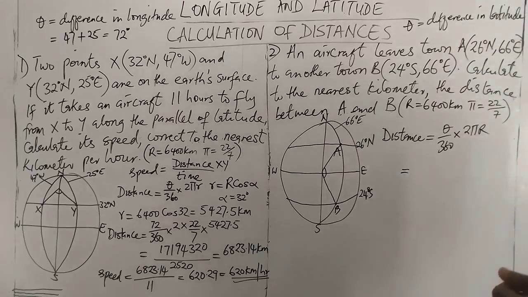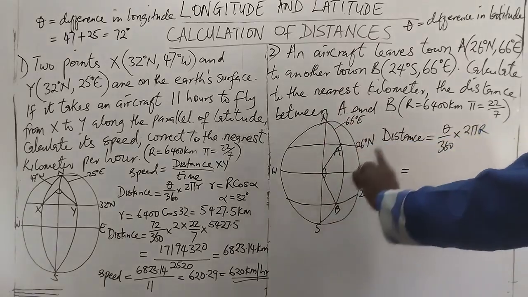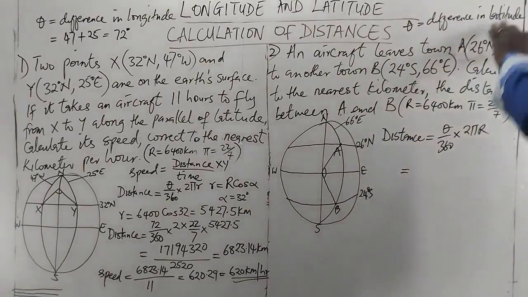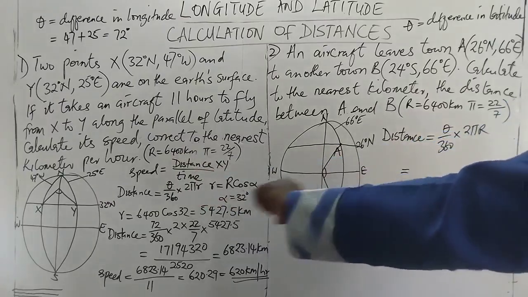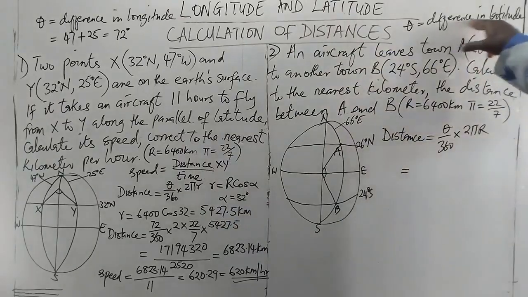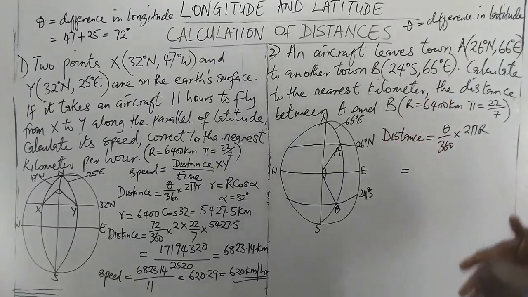So that is how it works. Now, in calculating difference in latitude, we check the poles. If they are of the same pole, we subtract. But if they're of different poles, we add.